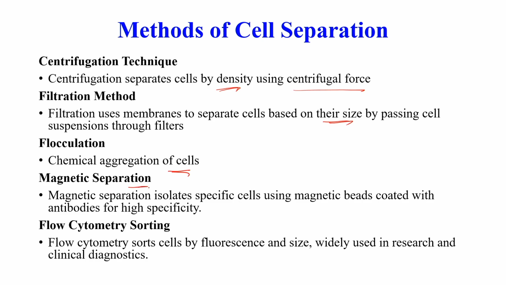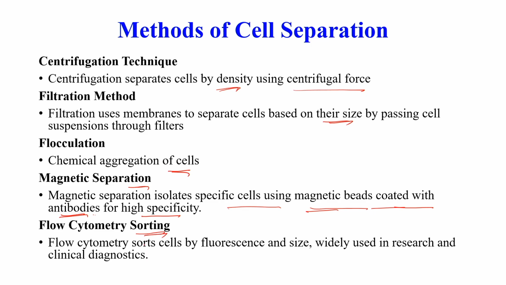Further, at laboratory scale, it is possible to have magnetic separation. In that case, specific cells are captured using magnetic beads, coated with antibodies for high specificity. On the magnetic bead you have antibodies, the antibodies bind with your cell, and under a magnetic field these magnetic beads will settle down.